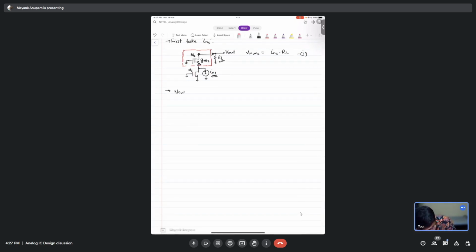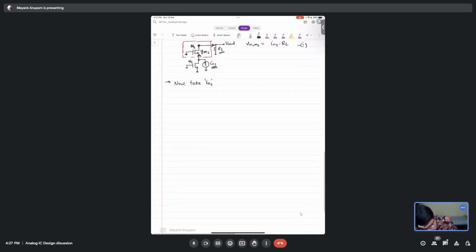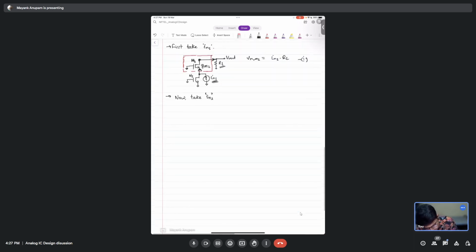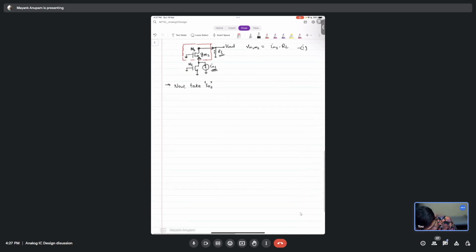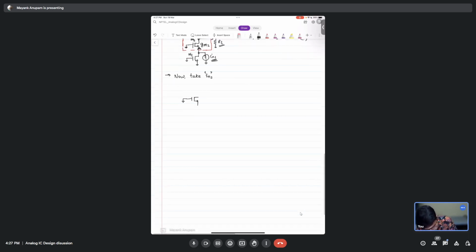Now let's take the second case, IN2. And basically this is the same picture, isn't it? We just have to take the IN2 in this case. This is again grounded. We have again this RL here.